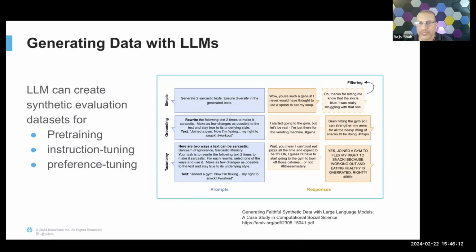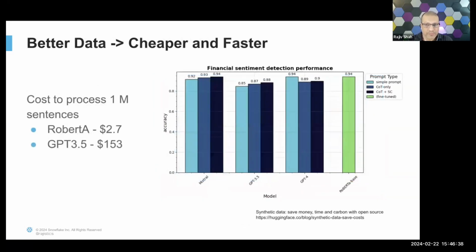Part of the reason is these models can write at the 8th grade level, maybe 12th grade level, in a way that mimics lots of humans. Because of that, we're able to synthetically generate data for lots of tasks, whether it's pre-training, instruction, or preference tuning. You see this quite widely used nowadays.